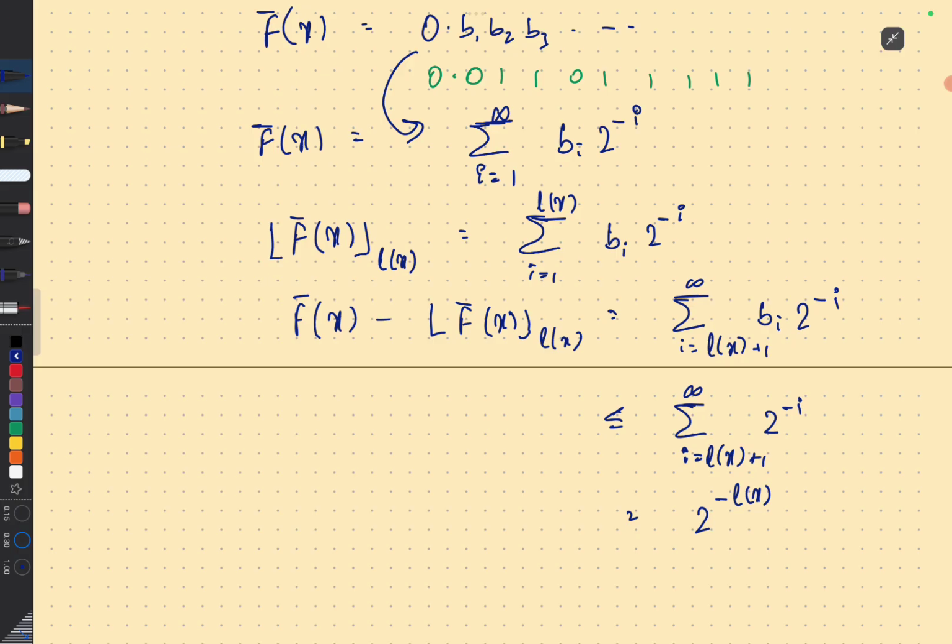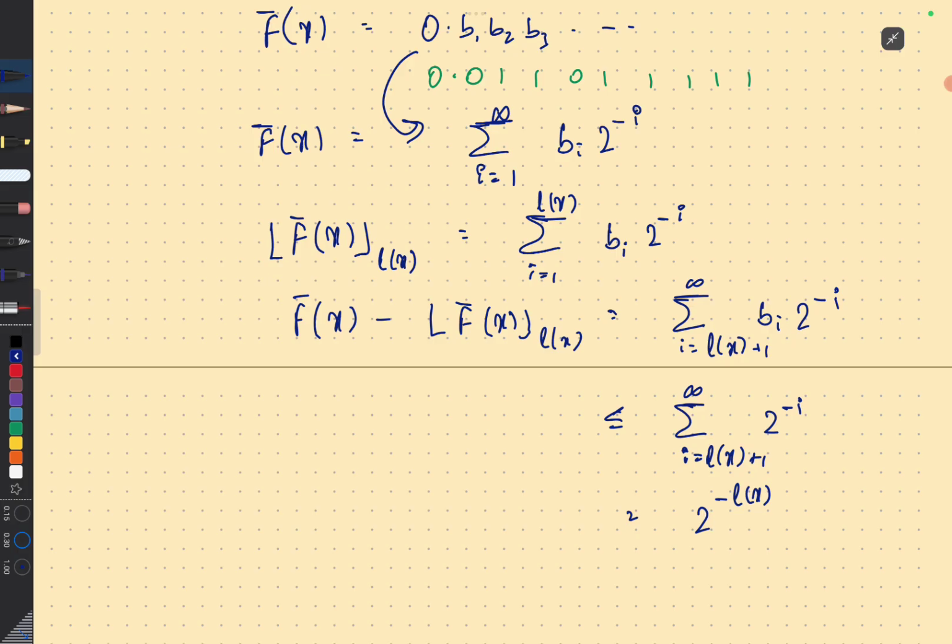f bar of x prime truncated to L of x prime minus f bar of x truncated to L of x. So this is less than or equal to f bar of x prime truncated to L of x prime minus f bar of x.